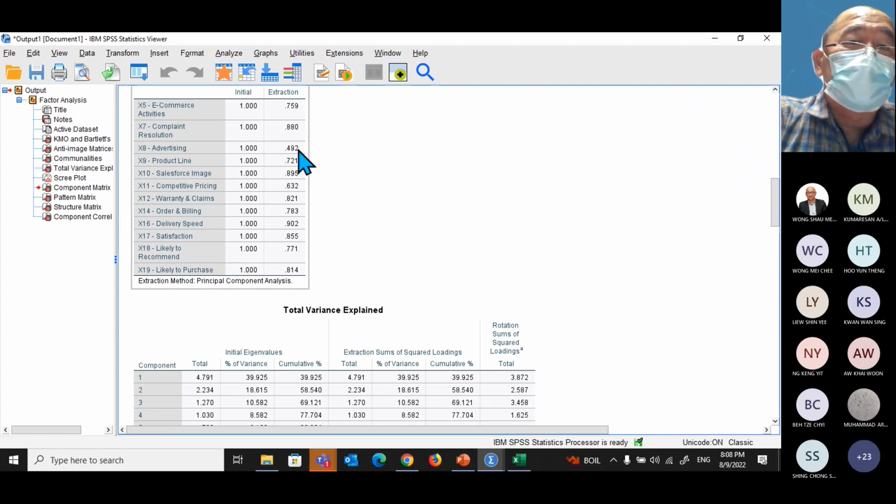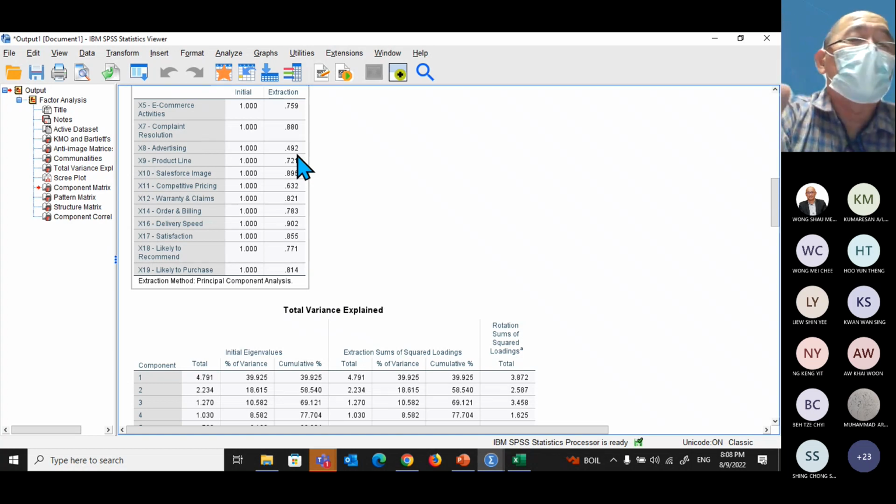Can you see? It's quite small, 0.492. Because we already filtered 3 variables, now this one is considered quite good already. Only one variable with communality below 0.6. Only one. If you want, you can also drop this and do again.